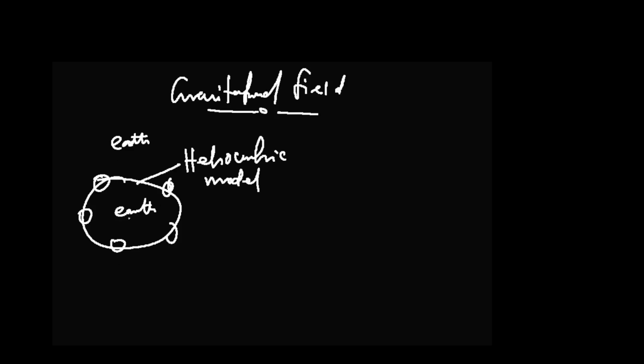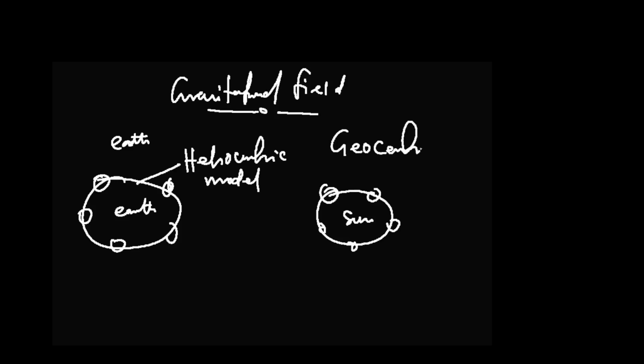Instead, it is the sun that is at the center of the universe while other planets revolve around the sun. And this postulate is called geocentric model. I want you to pay attention to all this. They look insignificant, but they can be tasky.